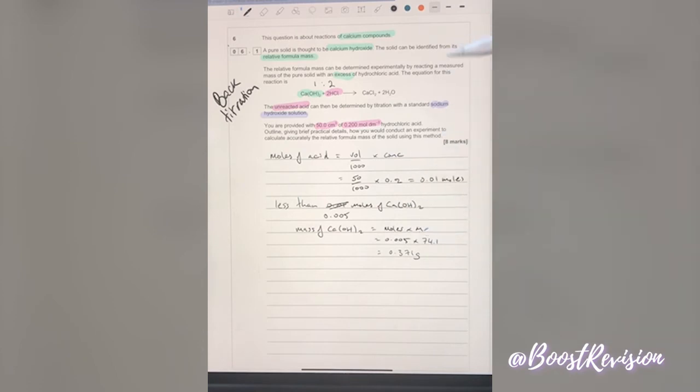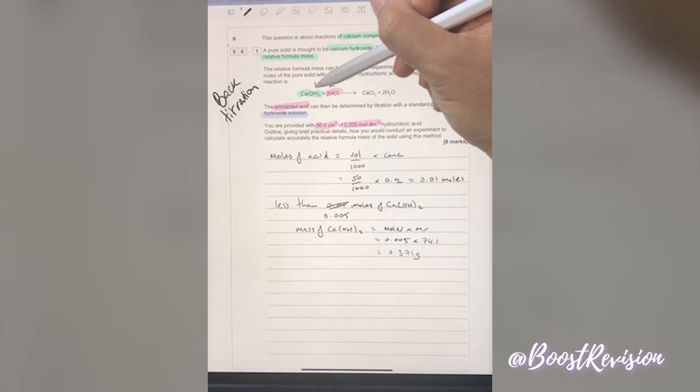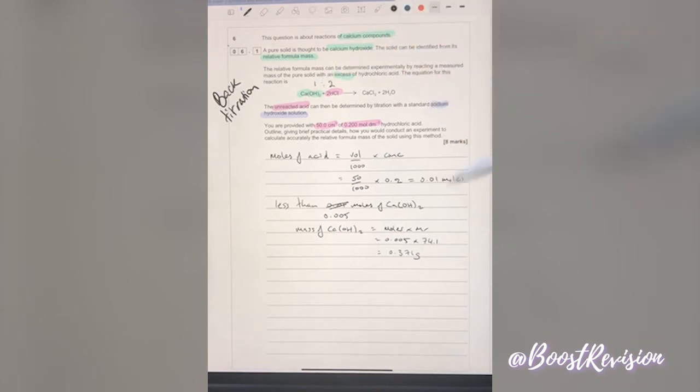But we may not know how much that is because we don't know for sure if this is pure calcium hydroxide. So then we do the titration, and we want to measure out the acid using a pipette and add the weighed amount of solid into the conical flask.